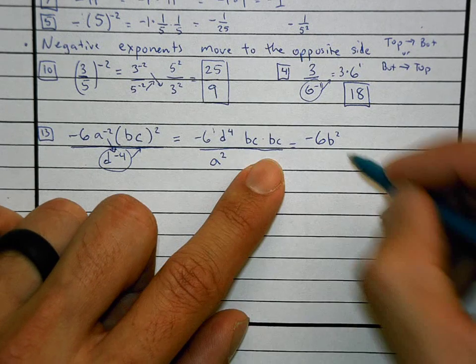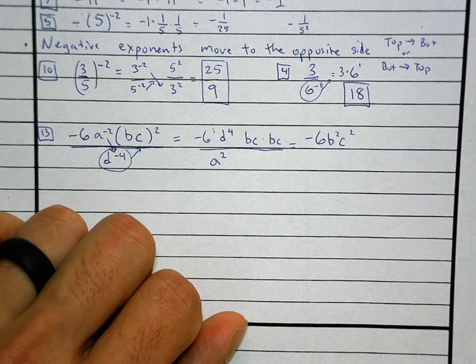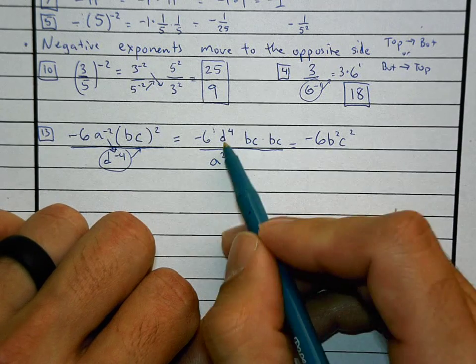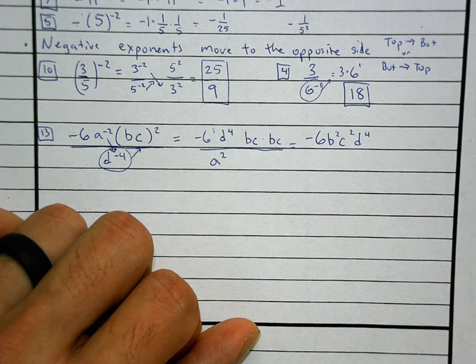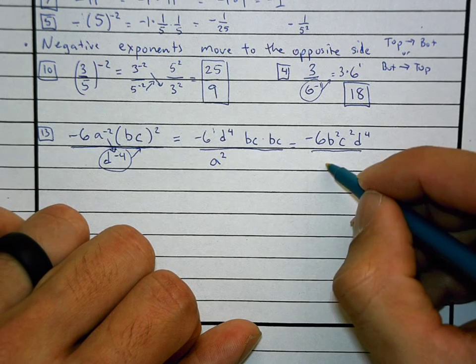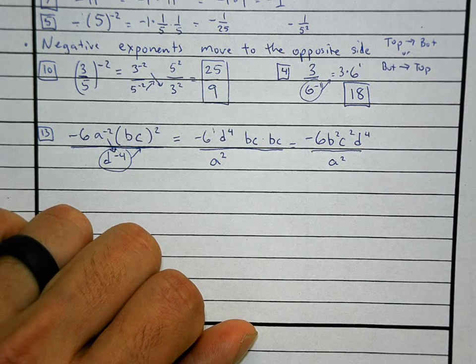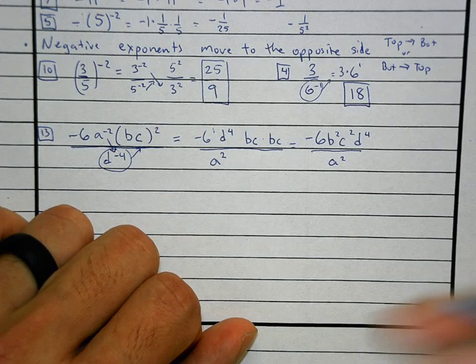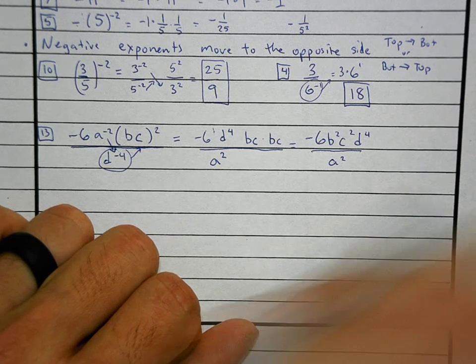So I can write it as c squared. How many d's do I have? 4 of them, and it's all multiply. That's why I just write them next to each other. Over a squared. That's the correct answer. This is the level that I want all of you at eventually. Okay?